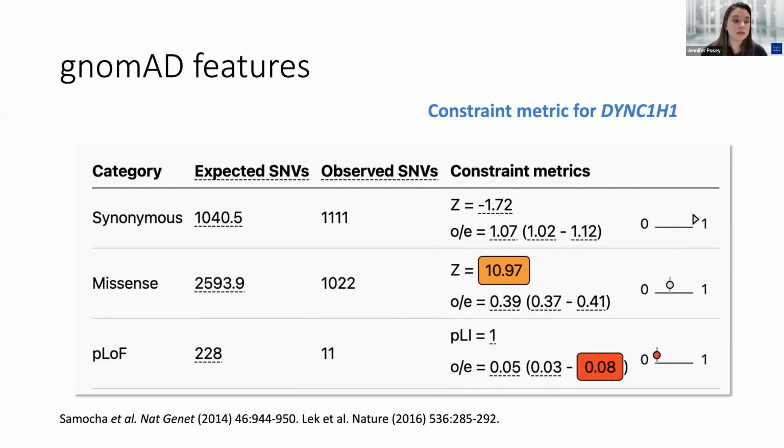When that value is 0, it means it is predicted to be tolerant to loss of function. And there's also shown here in red, the upper boundary of this confidence interval, called the LOEUF score. And this can often be helpful for smaller genes where your number of expected and observed variants in total is much smaller. And so this provides a much more powered assessment of loss of function intolerance.